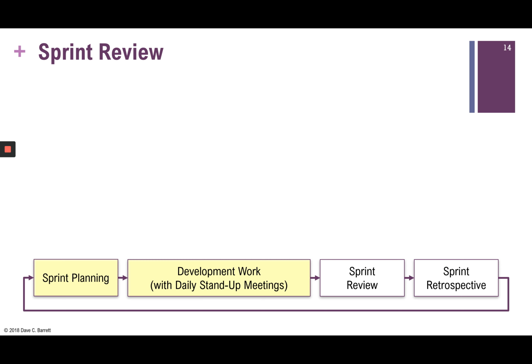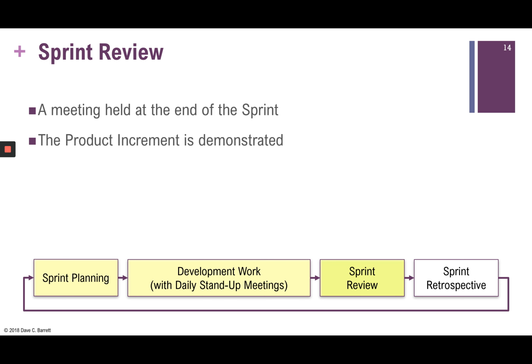Okay, so now let's move on to sprint review. This is now near the end of the sprint. And assuming a 1-week sprint, Friday afternoon would be the sprint review. The product increment is demonstrated. Oftentimes, additional stakeholders are invited to the sprint review.